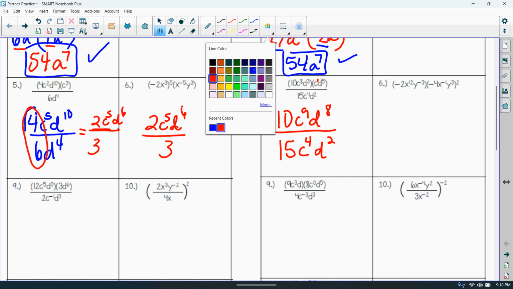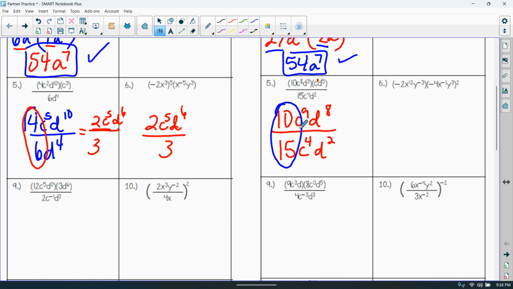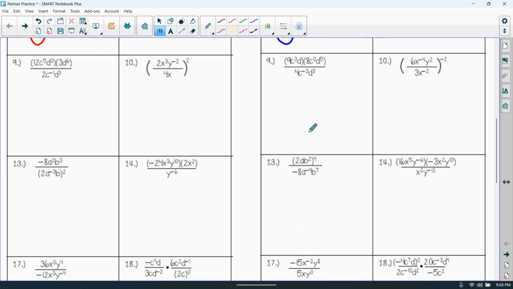Again, this can reduce to 2/3. And then, yes, 9 minus 4 is c to the 5th. 8 minus 2, d to the 6th. It comes out to be the same. So follow your rules in your packet to help you.